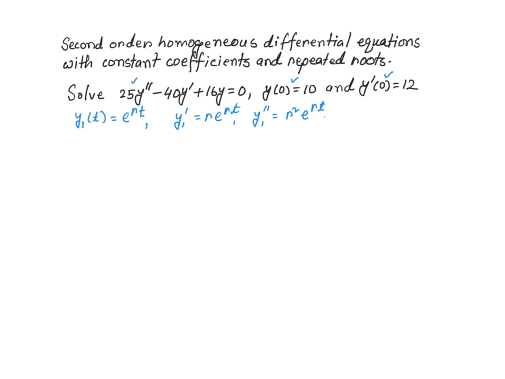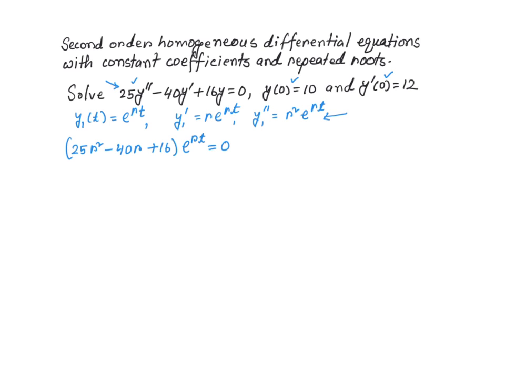Now if I plug these values into this equation, I get the following: (25r squared minus 40r plus 16) times e^(rt) is equal to 0.